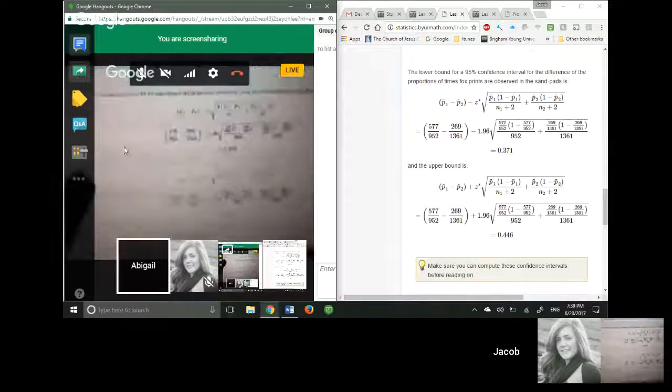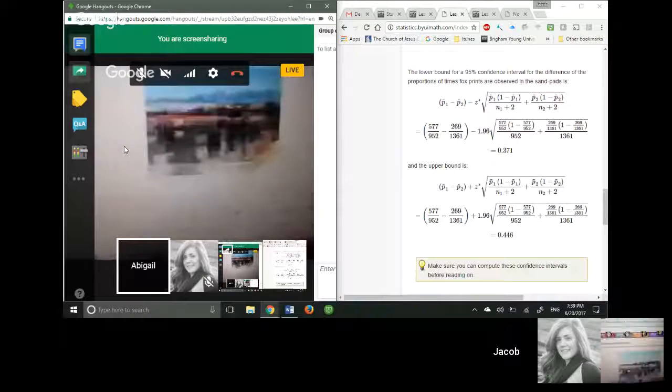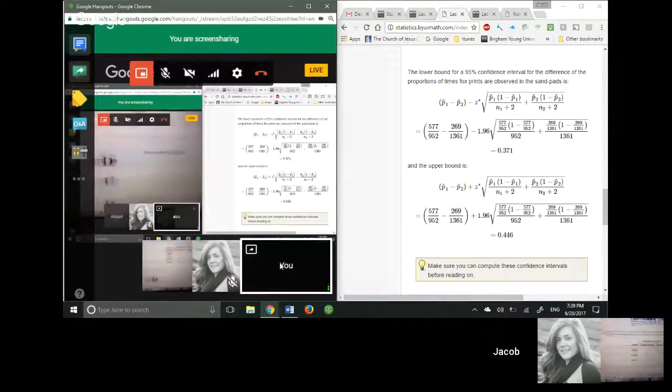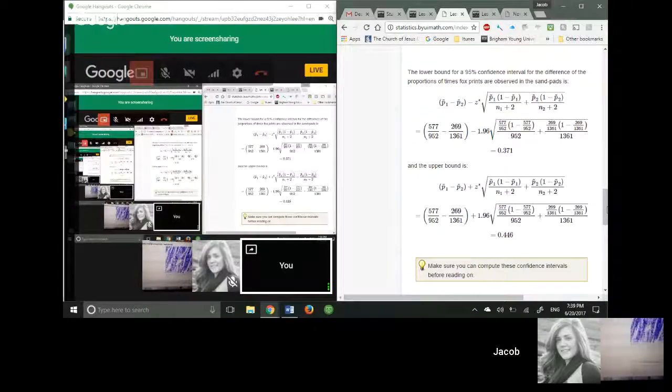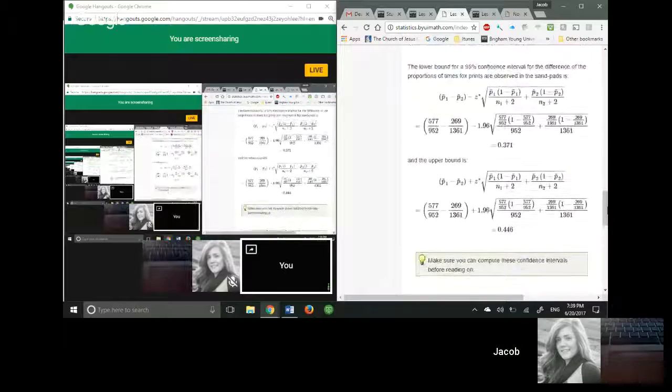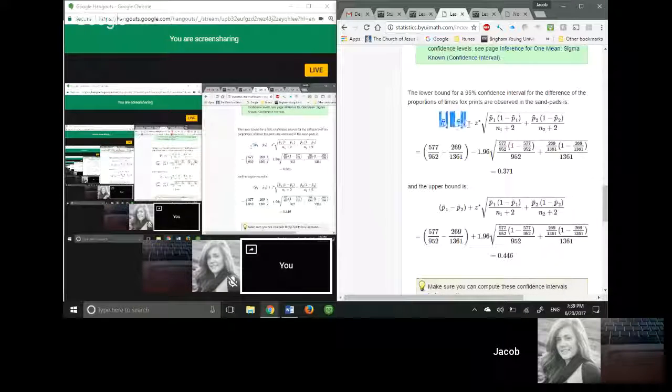That's where I'm at. It says the 3 confidence intervals, managing fox populations. Right, and so I was on the same thing, and here I've shared my screen. The fox hat, yes, and you come down, and then it shows the lower bound is this equation. Oh. For the confidence interval for the difference of the proportions. Mhm.